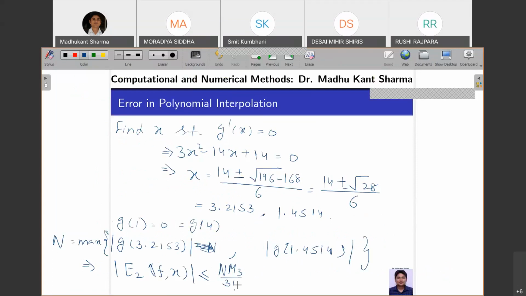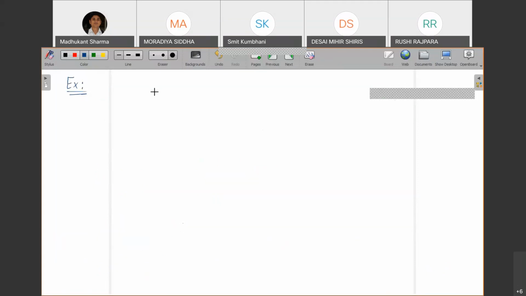Let's do one application of this problem. Let's take this example.